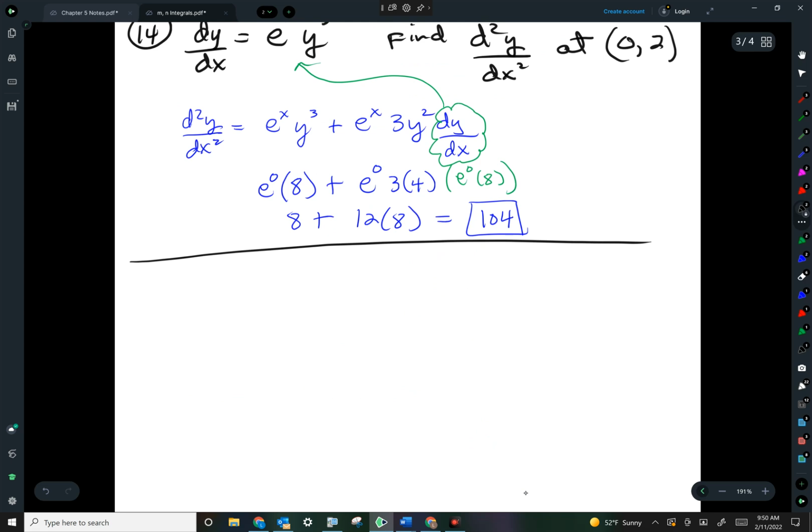Last one. All right. It says you are told that the velocity is, that's just a derivative, e to the t over e to the t minus 1.